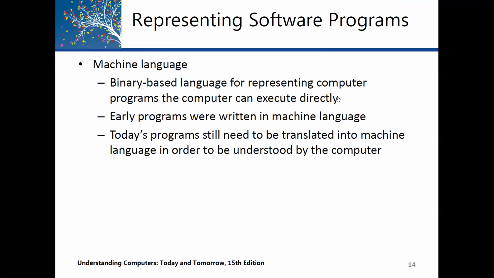So computer programs are instructions converted into machine language so that the computer can directly execute them. Early programs were written in the machine language. In the early ages of the computer, if a programmer wanted to design a software, they had to write a program in the language of the machine, that is zeros and ones only, a sequence of zeros and ones.